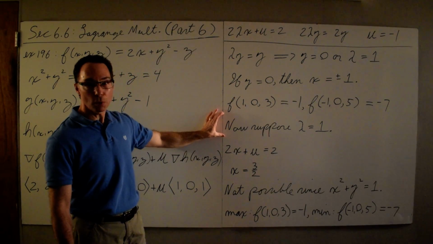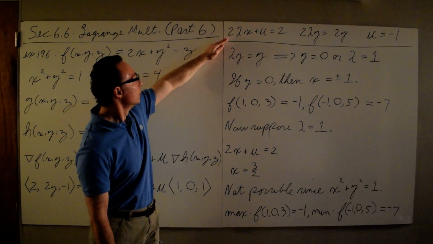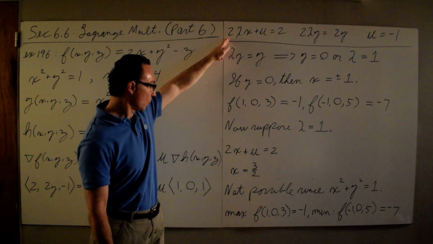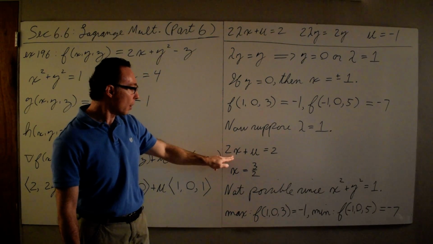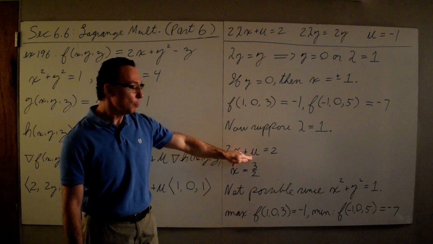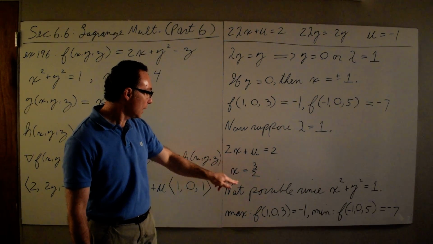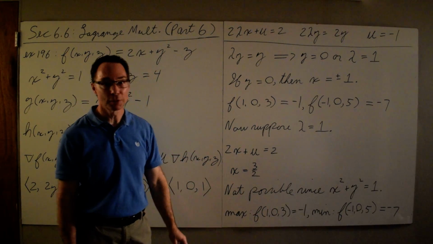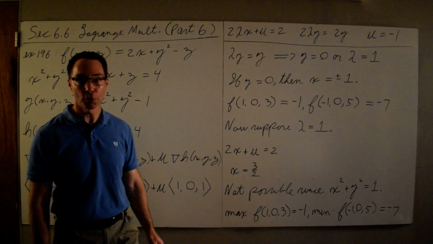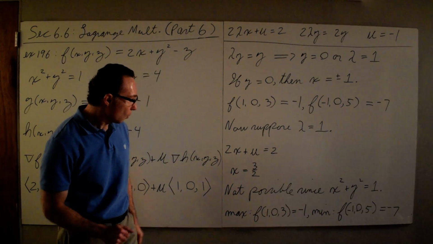So what if lambda is equal to 1? We look at the first equation. 2 lambda x plus mu is equal to 2. Lambda is equal to 1. So we have 2x plus mu is equal to 2. But remember, mu is negative 1. So that means 2x is equal to 3. And so x is 3 halves. However, look at our first constraint. x squared plus y squared is equal to 1.